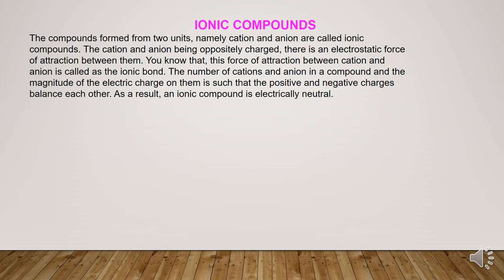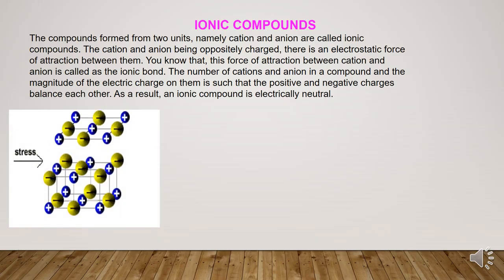The number of cations and anions in a compound and the magnitude of the electric charge on them is such that the positive and the negative charge balance each other. ठीक है, तो ऐसा नहीं है कि जैसे कि हमारे अंदर इलेक्ट्रॉन्स लूज़ करते हैं तो पॉजिटिव हो जाते हैं और गेन करते हैं तो नेगेटिव हो जाते हैं.